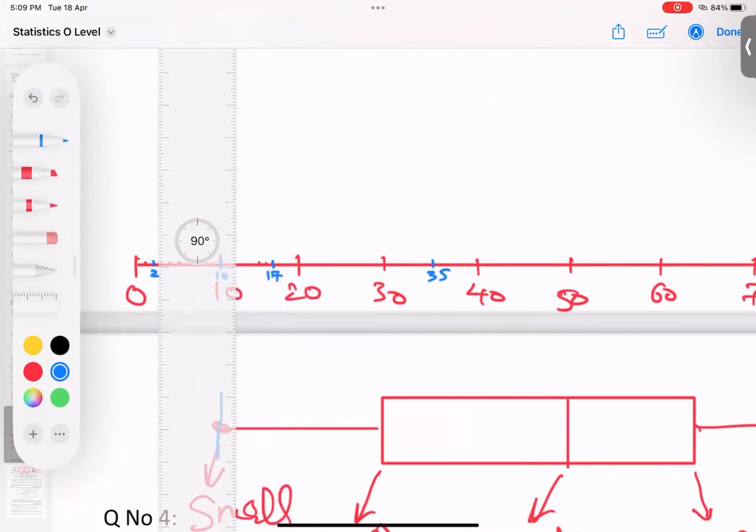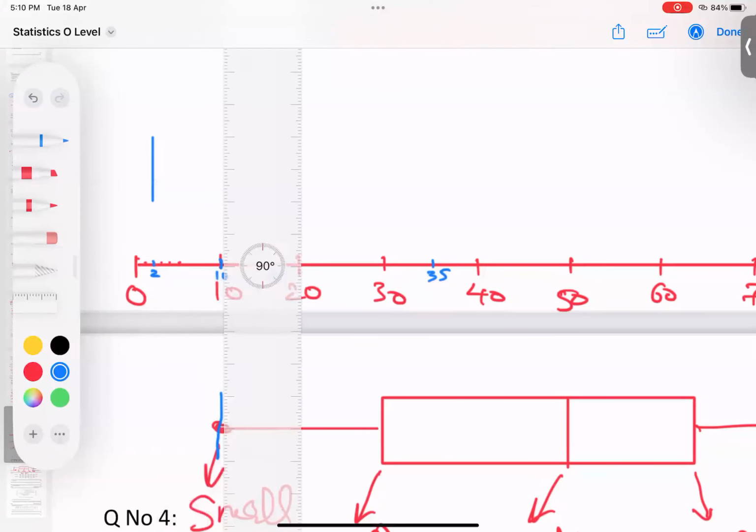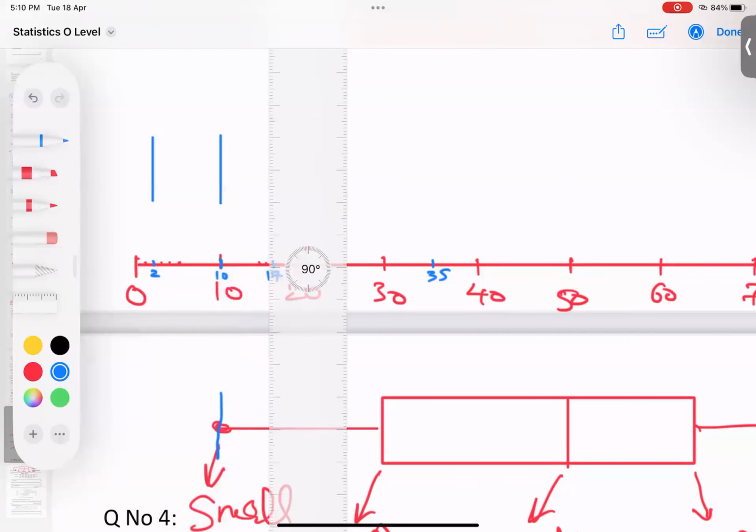I take a scale and I will make it here. You see, I have 2 units of scale, 2 centimeters I take from here. So let's talk about the next one. Same onwards. Okay, this is a 10. Now I'll go for the same onwards. Okay, this slightly I have to make more.